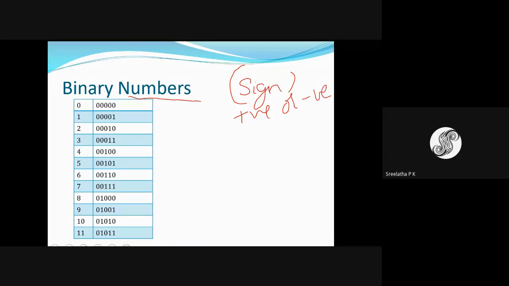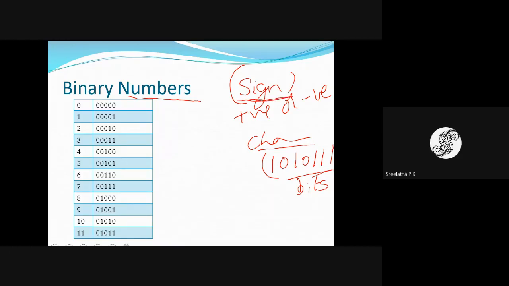Everything else, be it a character or a string of characters, is represented by a string of zeros and ones, a string of bits. So there the problem of sign doesn't come.